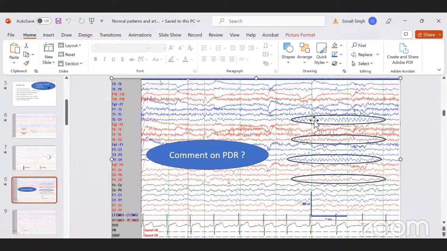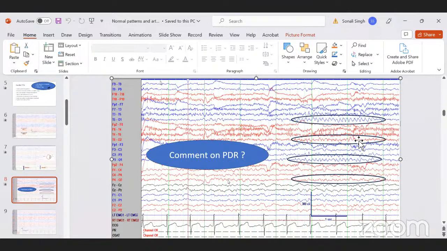So what I was basically trying to show here is that on the left side, O1, we have a nicely appreciable posterior dominant rhythm, while on O2, we do not have a very nicely appreciable posterior dominant rhythm. So this should alert us that maybe there is something going on on the right side.